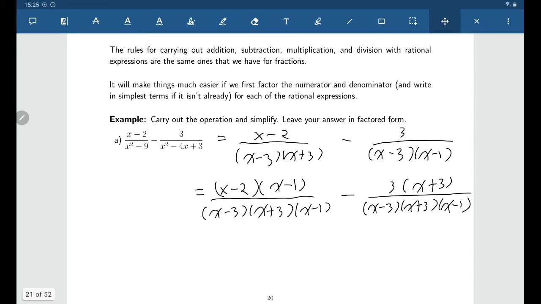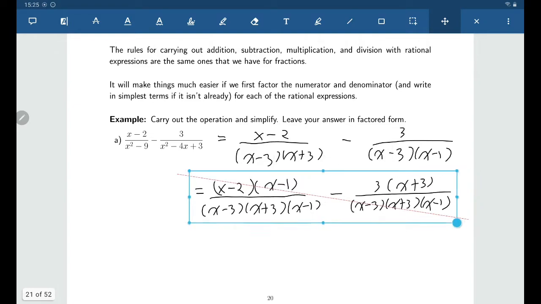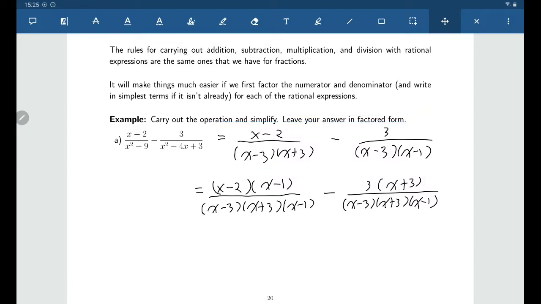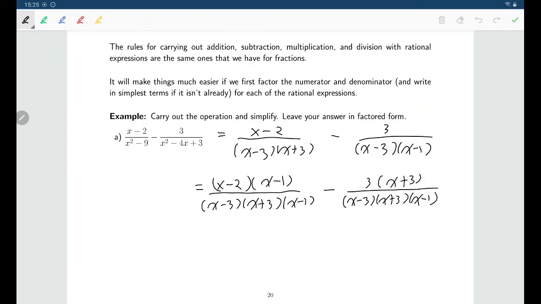One thing that I will say, of course, is that once we've combined those numerators together, we're going to need to simplify further, factor again.